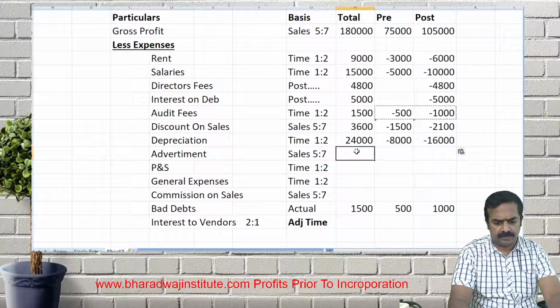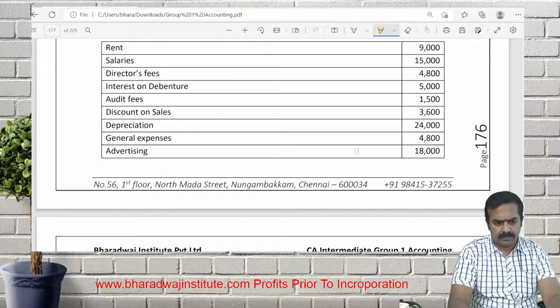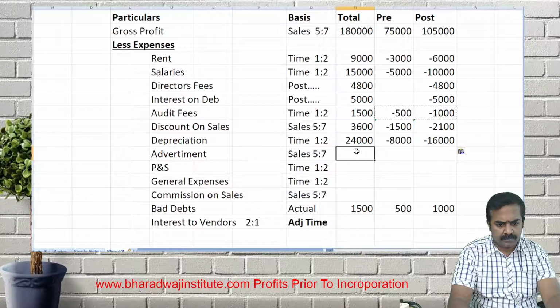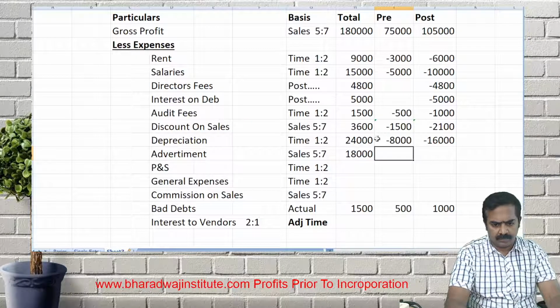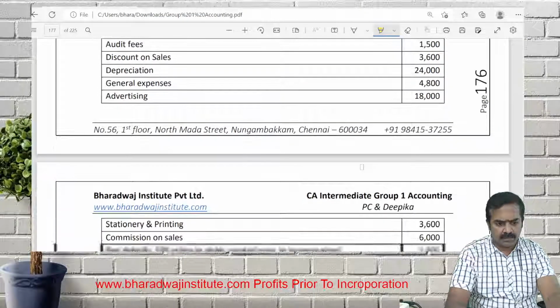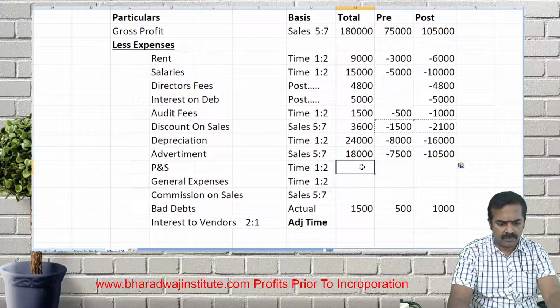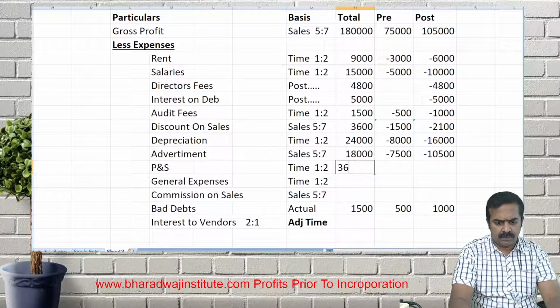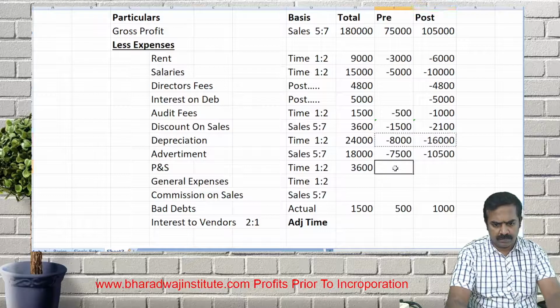Advertisement, 6,000, 1,000. Printing and stationery, 1,200.